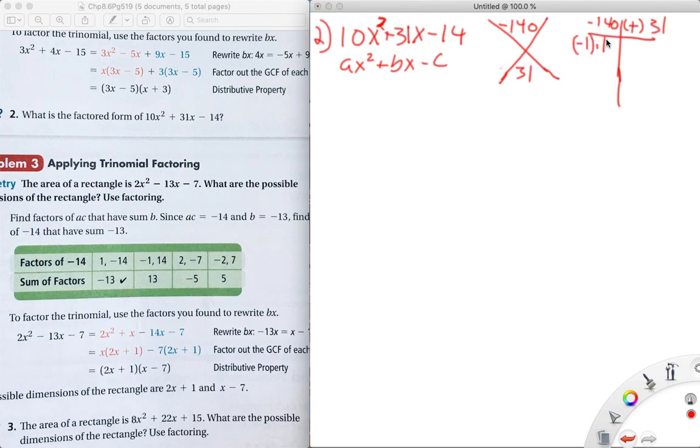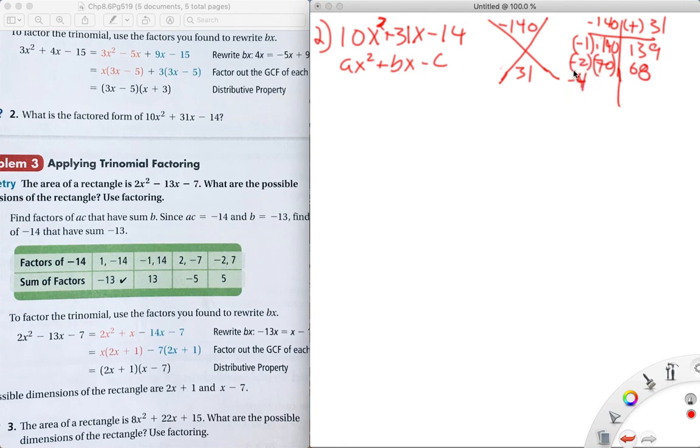So negative 1 times 140. When I add them up, I get 139. Negative 2 times 70. When I add them up, I get 68. And it doesn't work for 3.